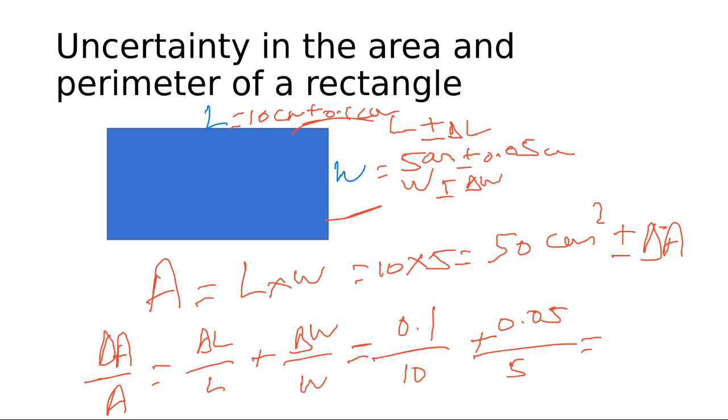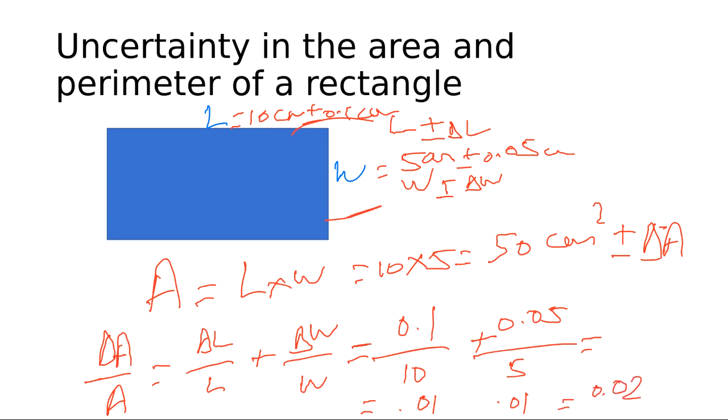All right, so let me see. We divide by 10, so 0.01. And then if you divide by 5, you get 0.01. So this gives you 0.02.